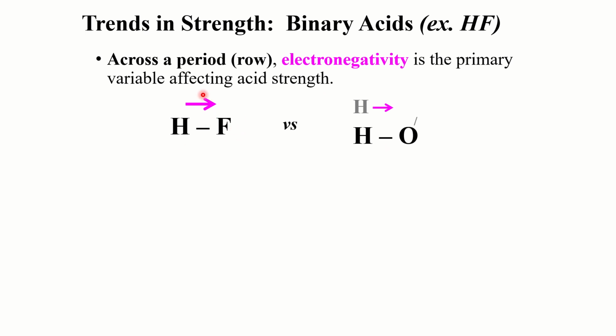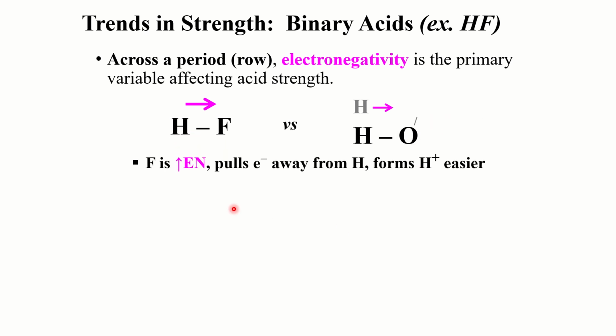Fluorine is more electronegative than oxygen, which pulls electrons away from the hydrogen, meaning this will form H+ more easily. So HF is a stronger acid than H2O. So when you are comparing 2 binary acids in the same row, the acid with the more electronegative anion is going to be the stronger acid.